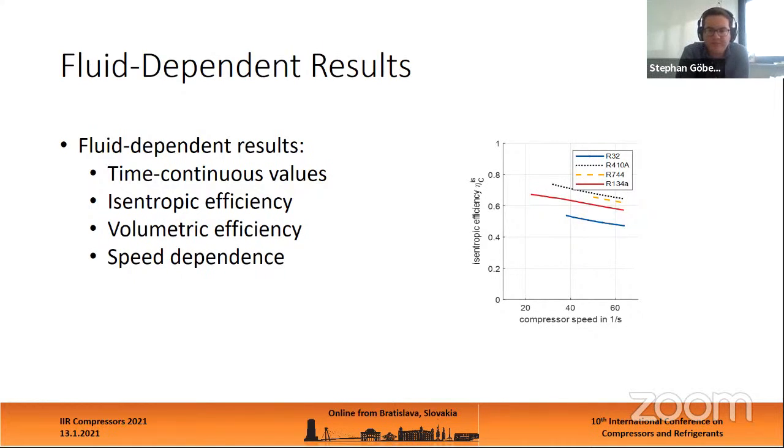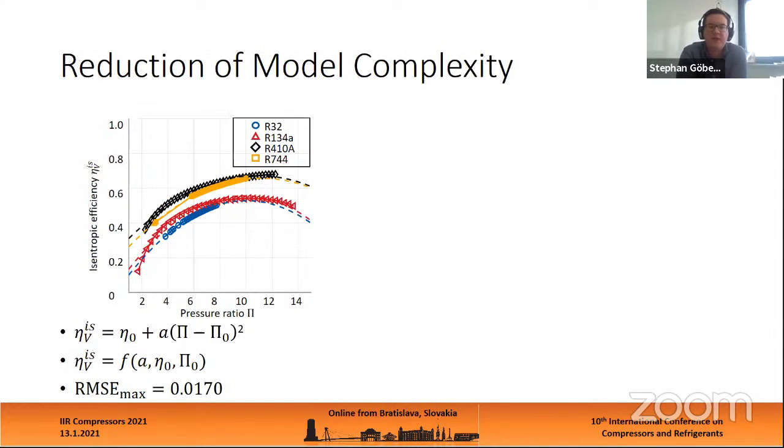But the model is quite complex and it's not real-time capable. So if we would really use it in annual simulations for buildings, for example, we have to reduce the complexity. This is possible. We find a few correlations to do so.